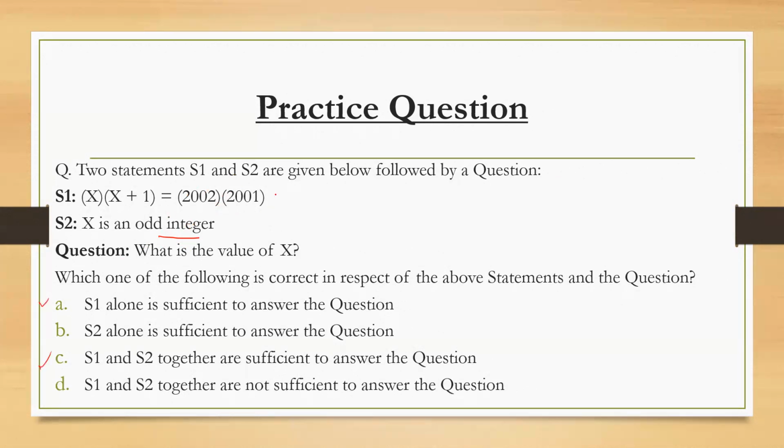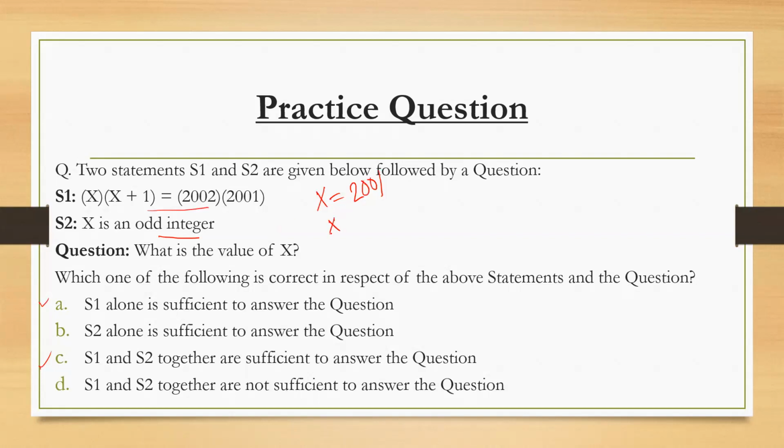Okay, fine. Tell me here. This is the equation given. So what is the value of x you are getting here? X is 2001 you are getting. Okay.